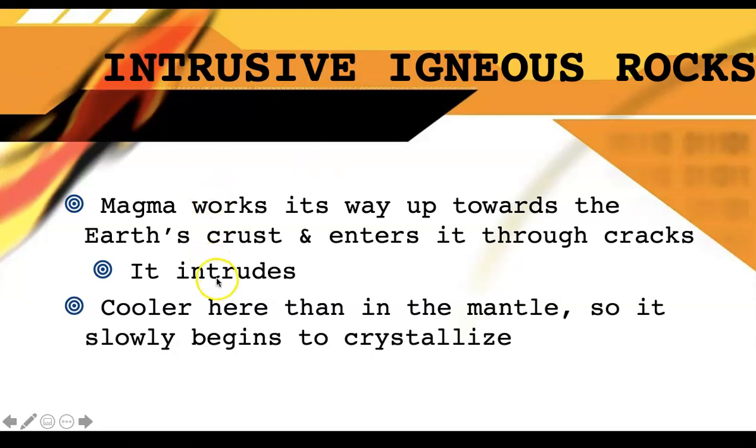And oozing in, well, how about intruding? Intrusive igneous rocks. Igneous intrusions are what we're talking about. So, anyhow, it's cooler in the crust than it is in the mantle, so slowly but surely that material begins to harden, turn into rock. But not before it flows all through it, right?